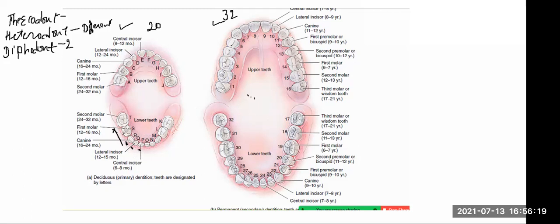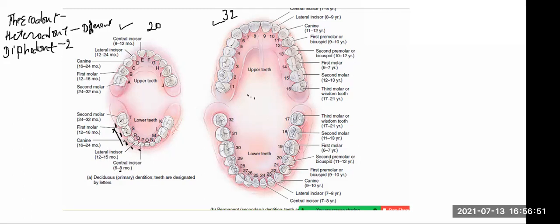Then as you keep moving posteriorly, or backwards, you have these 2 teeth, which are molars. This is the first molar, then this is the second molar. You can see in the diagram, the first incisor erupts at the age of 6 to 8 months. When the child is 6 to 8 months, he gets the first incisor.